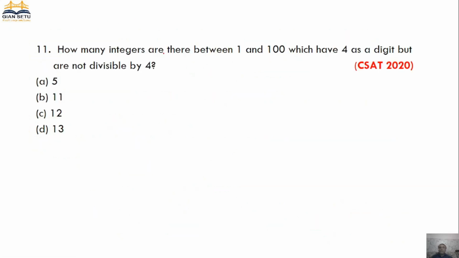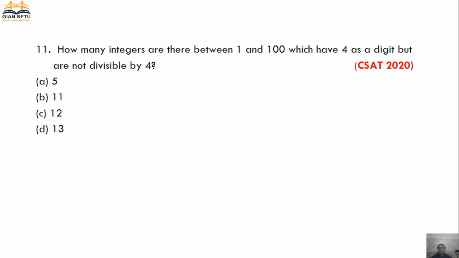How many integers are there between 1 and 100 which have 4 as a digit but are not divisible by 4? According to the question, how many integers are between 1 and 100 which are not divisible by 4 but have 4 as a digit?